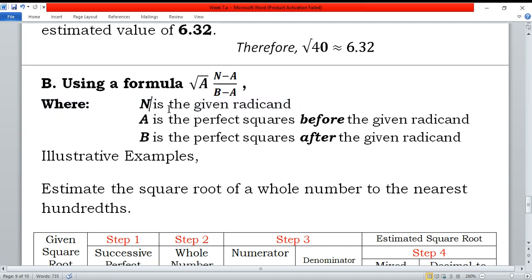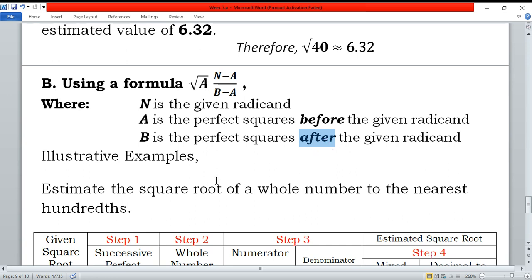Where n is the given radicand and a is the perfect square before the given radicand, yung nasa kaliwa niya. At yung b naman, ito yung perfect square after the given radicand. Okay? Malinaw? Bago at pagkatapos.